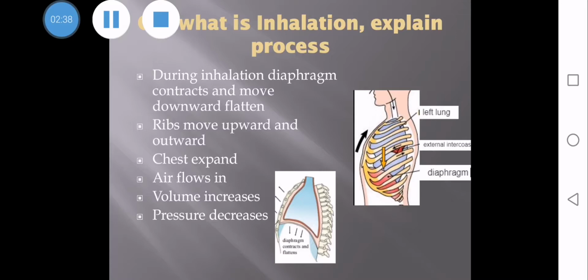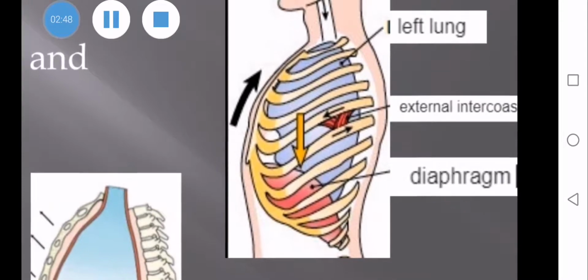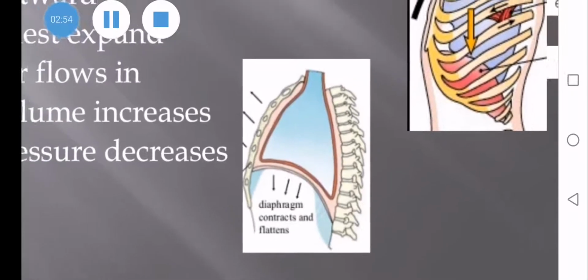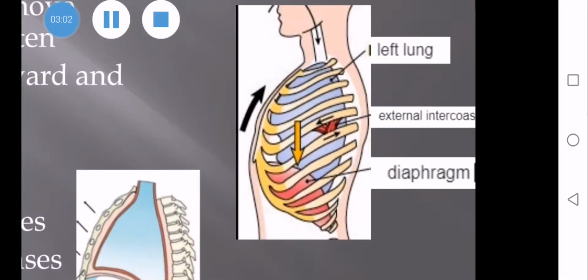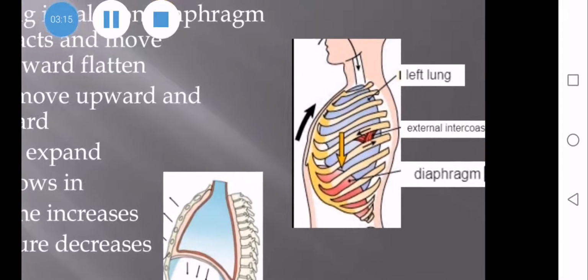Here during inhalation the diaphragm contracts and moves downward, or flattens. As you can see in both images, the diaphragm flattens and moves downward. The images will be clearer on the next slide. In this one the external intercostal muscles are shown. You can see that the external intercostal muscles, the rib muscles, contract while the internal intercostal muscles relax, and you can also see the diaphragm movement in both.